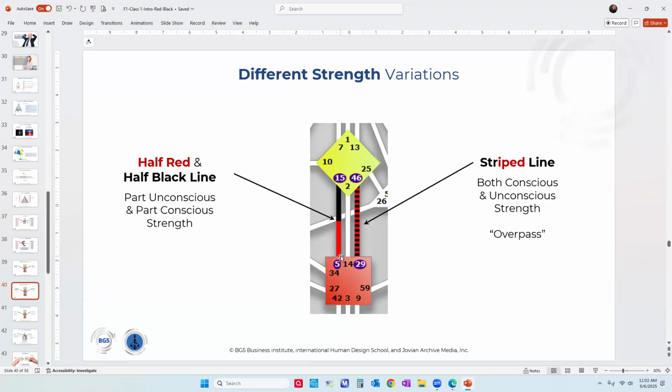In this particular design, with this little cutout here, I can see they're not connected over to their emotional intelligence. So this would tell me that they're a gut response builder. They may have a little bit of trouble with that in a sense because there's this unconscious line coming into it. So you just got to work with the person a little bit more to help them connect to it.